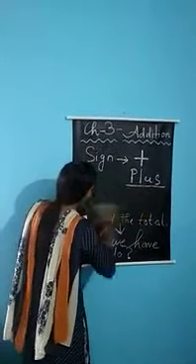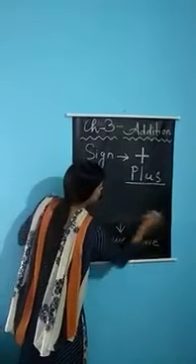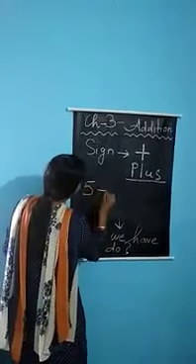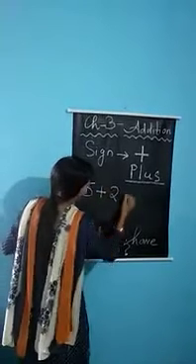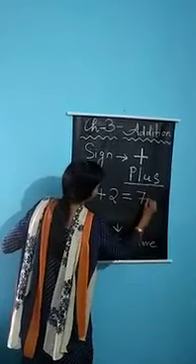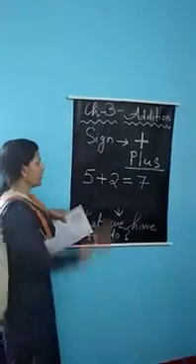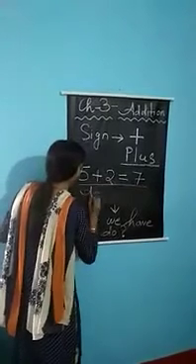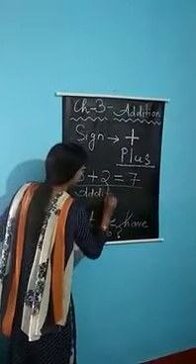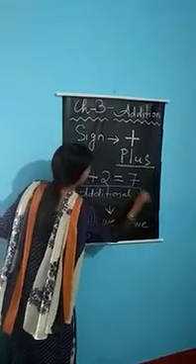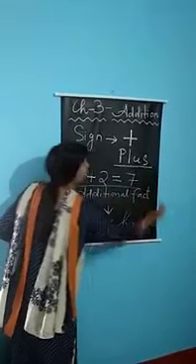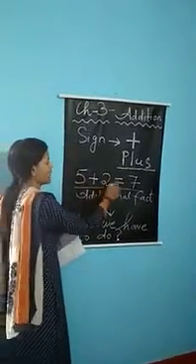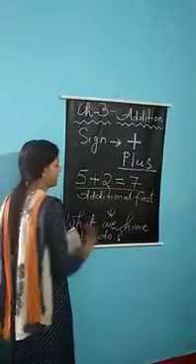And children, how will you read the addition fact? Suppose we take 5 plus 2 equal to 7. This is called the addition fact. So how will you read? 5 plus 2 is equal to 7.